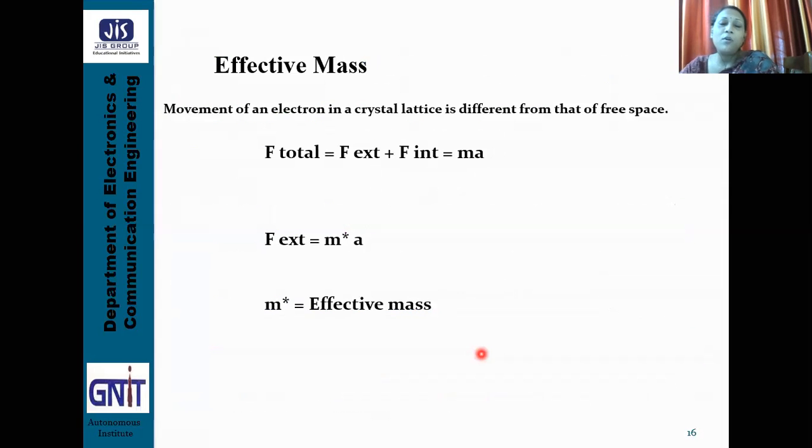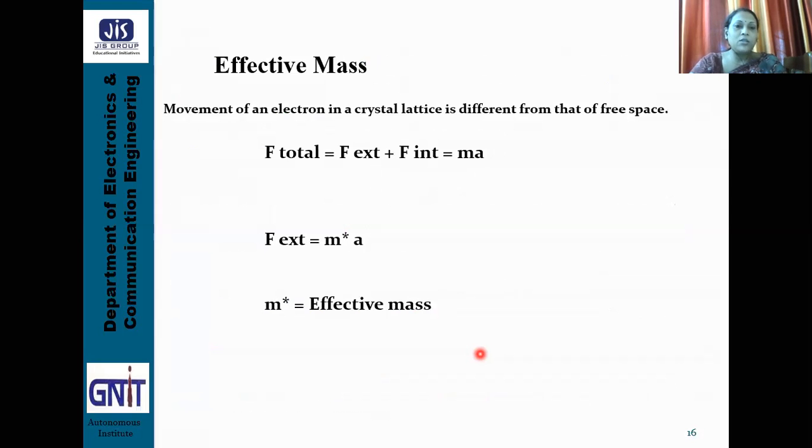So before moving to our density of states function and its formula, let us discuss what is effective mass. The movement of an electron in a crystal lattice is different from that in free space.